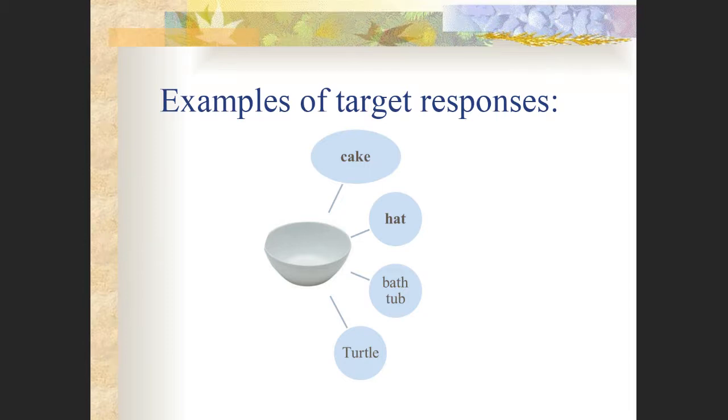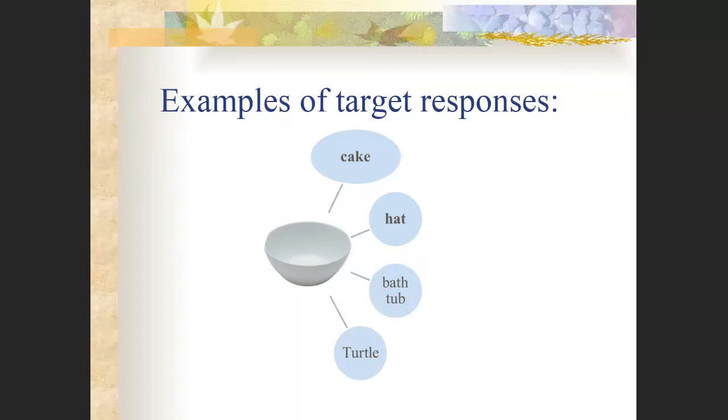So we use the ball that's given to the child and the picture of the hat, and we require the child to first provide a vocal response, a hat, and then use the ball to perform the action as if it's a hat.